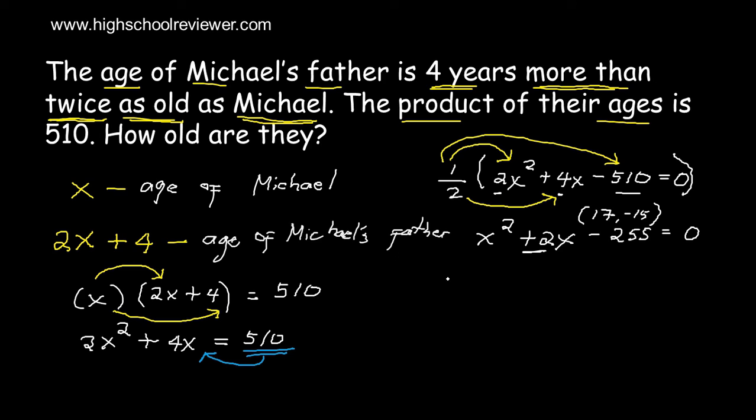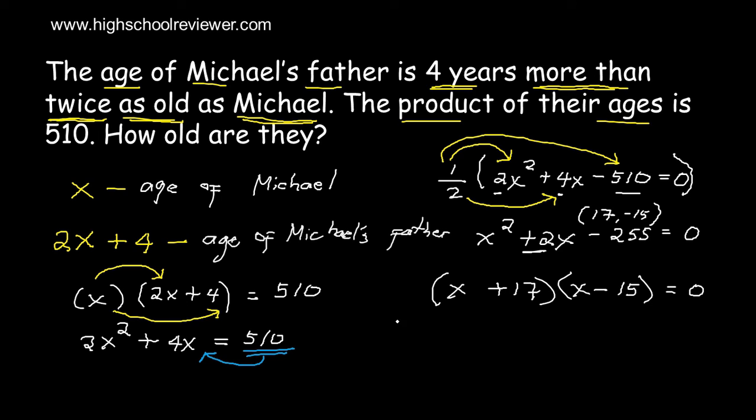So the factors will be x and x, equals 0. And we will put here the positive 17, and here negative 15.